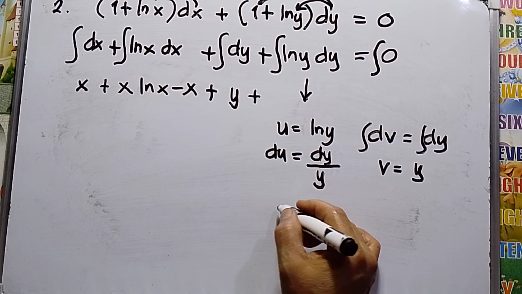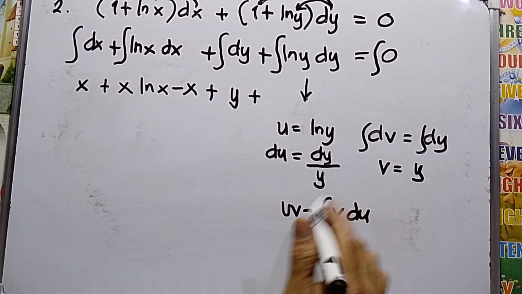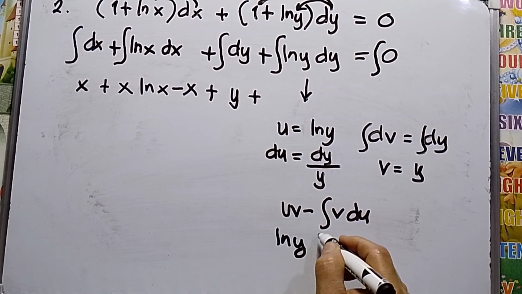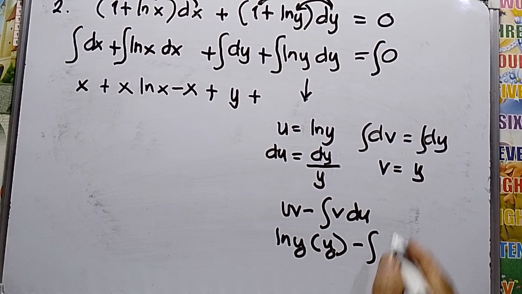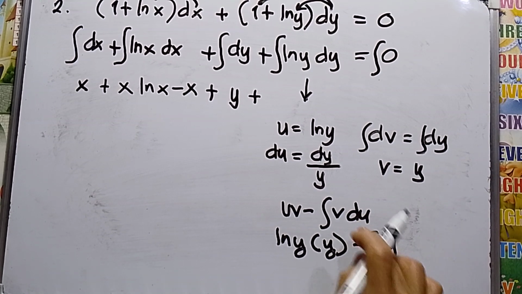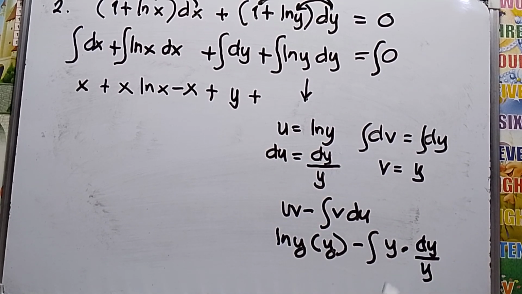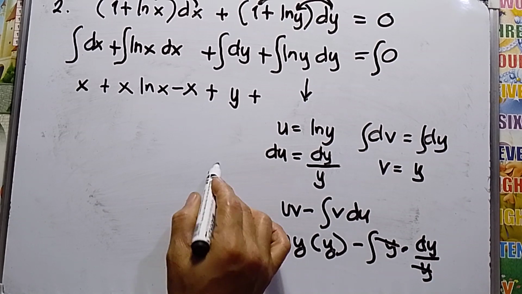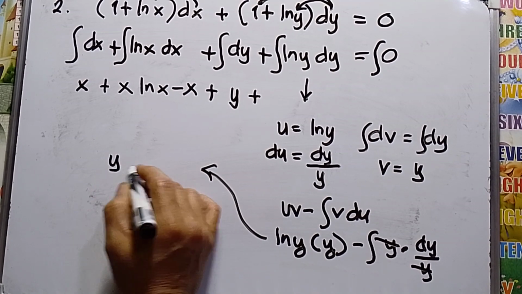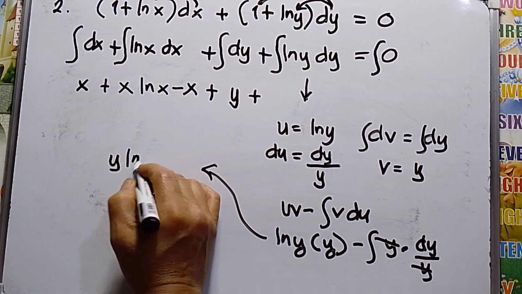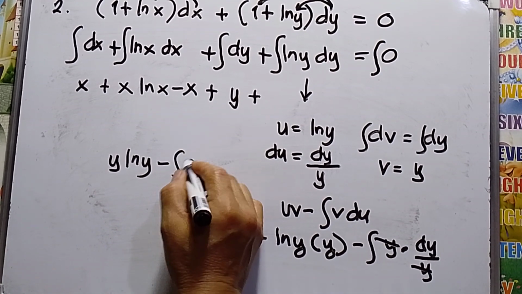So using the integration by parts, uv minus integral of v du. So u is ln y, then v is y, minus integral of v, v is y, and then du, du is dy over y. So this will be crossed out. So arrange this one in a formal way. I could write this one as y ln y, then integral of dy.